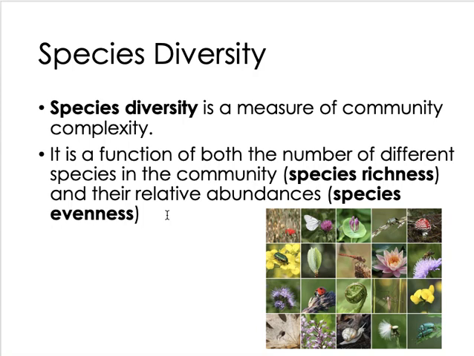So species diversity is a measure of community complexity that is due to the number of species. Okay, it is a function of both the number of different species, that's species richness, and their relative abundances or species evenness and numbers, or the number of individuals. Yan. So that constitutes species diversity. Hindi lang po siya number of species, but the combination of the two constitutes the species diversity of a particular community.